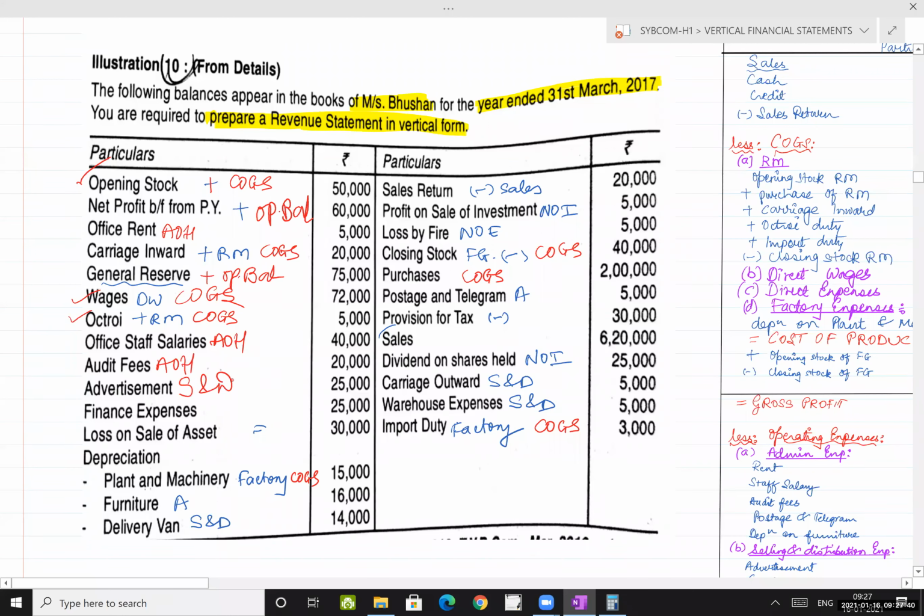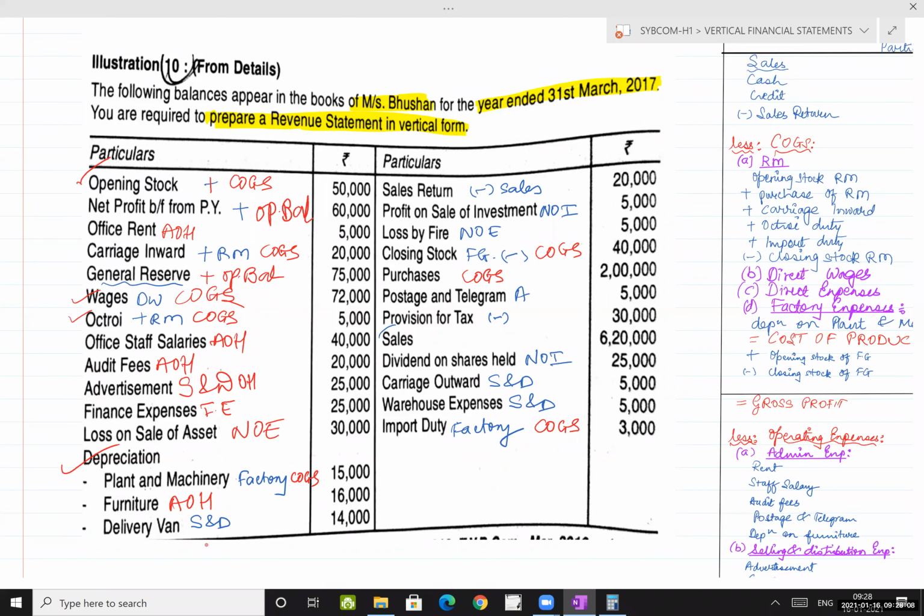Advertisement, selling and distribution overheads. Financial expense, वो अलग से category अपने पास उधर डालेंगे. And this is your non-operating expense, loss on sale. Depreciation, plant का है तो it will go to factory under COGS. Furniture है तो it will go to office, delivery van, selling and distribution.